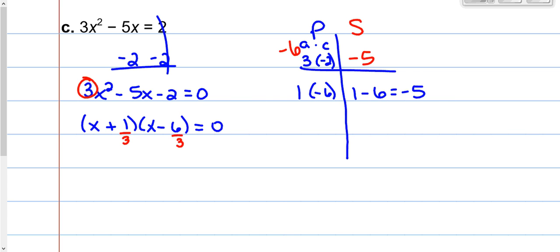Well, right here, if I look, x plus 1/3, 1/3 does not simplify. So now I need to take this 1/3, or this 3, and move it up here in front. So now I'm going to have 3x plus 1. Well, on the second one, 6 divided by 3, that simplifies.